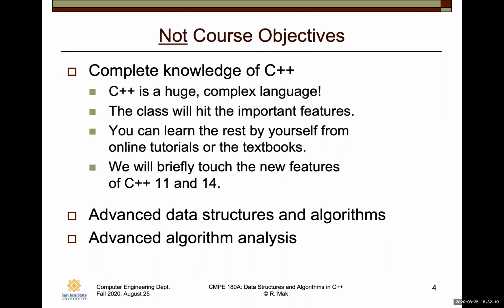Okay? In all my classes and in all my work, I have worked with version 11, but we're starting to see some useful features that are being supported by the compilers from version 14. And so I'm going to talk a little bit about some of the new version 14 features.